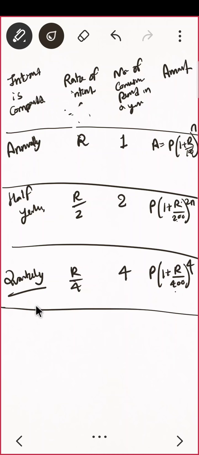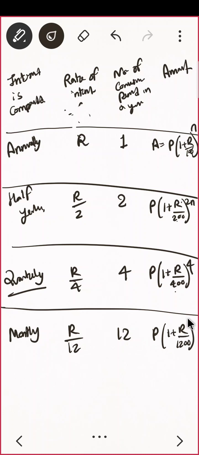And next thing, if it is monthly, then it will be r by 12, and this will be 12, and this will be P into bracket 1 plus r by 1200 raised to 12n. This is what you need to remember. So it depends on the table whether it is annually, then here n and here 100, half yearly then here 2n, here 200, quarterly then here 4n, here 400, monthly then it is 12n upon 12. Correct? Yes.